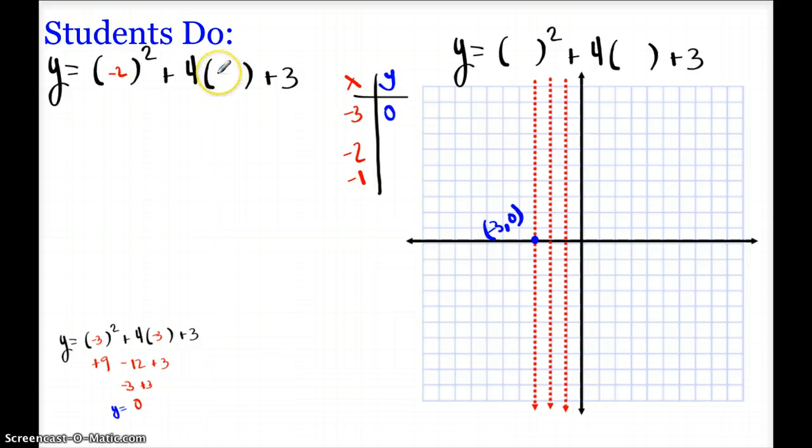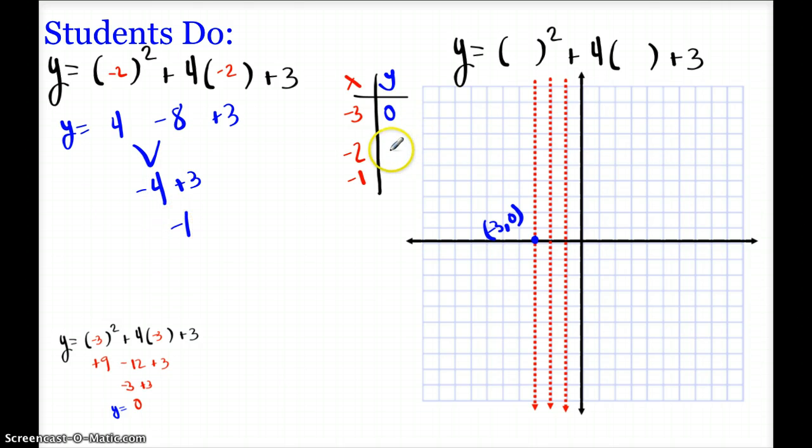Negative 2 squared is going to be y equals 4. This is positive. Minus 8. That's this one. And then I'll have plus 3. 4 minus 8 is going to be negative 4. Plus 3 is negative 1. Negative 1. So negative 2, negative 1.